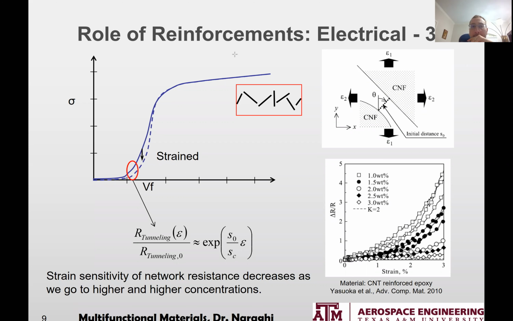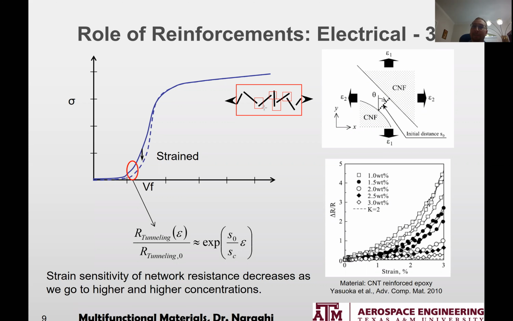Now imagine I apply a strain from this side, I go this way, and I go this way on the other side. As I'm loading this, the spacing between these carbon nanotubes will slightly increase, on average, because the volume of the material is going up when I'm applying tension.